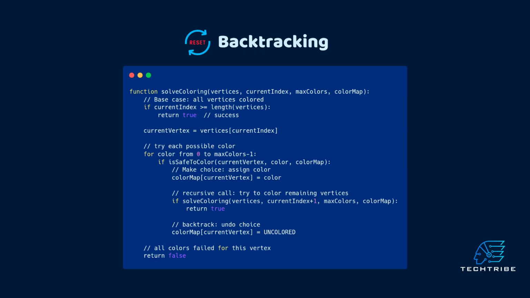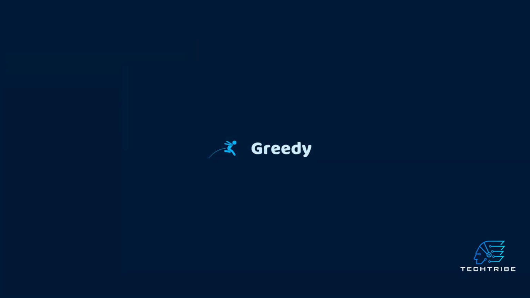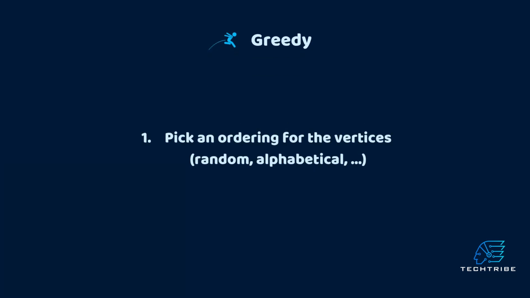Now let's look at something way faster, the greedy algorithm for graph coloring. The strategy here is much simpler. First, we pick an ordering for the vertices. This can be random, alphabetical, by weight, by degree, whatever. The choice actually matters a lot.